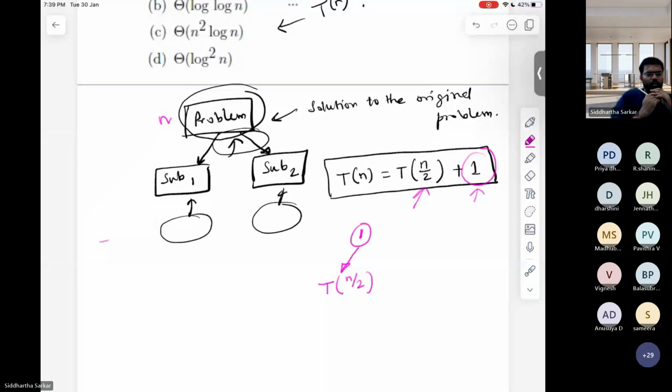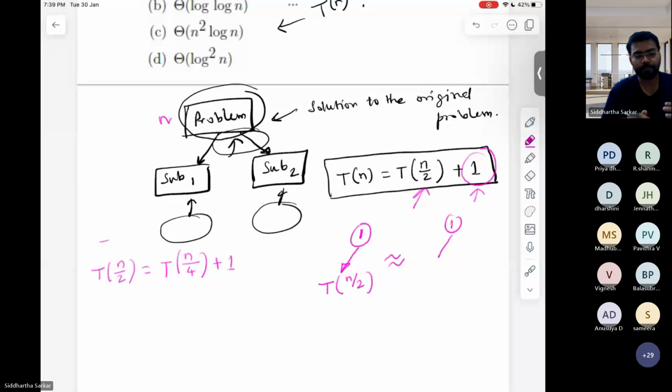Now the recurrence is still true. So because the recurrence is true, T(n/2) from the recurrence is T(n/4) plus 1. So this n by 2 size problem, you can work on it and incur a cost of 1, and further reduce its size to n by 4. That is what the recurrence is saying. This is the meaning of this recurrence.